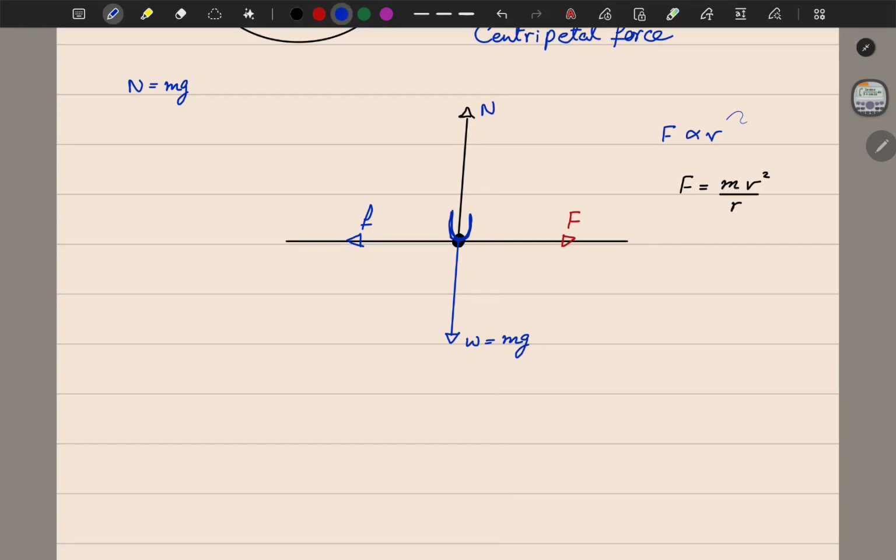So the centripetal force is proportional to the squared velocity, and that cannot be maintained by the friction alone. What happens here is the bike is simply going to topple. It's not going to be able to maintain the circular path. It's either going to topple, or it just has to go through a straight line.